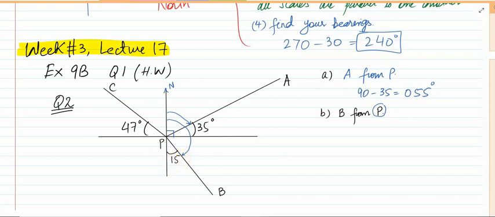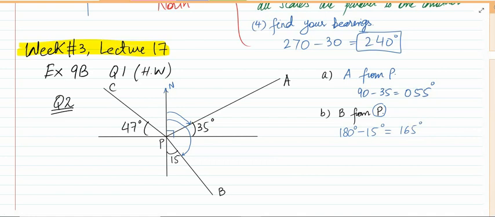So if starting from the north till this line I covered an angle of 180 degree, and after the coverage of 180 degree I realized that I have covered extra 15 degrees, so I need to subtract it, right? So 180 minus 15, it will be 165 degree, right? So that is part B answer.